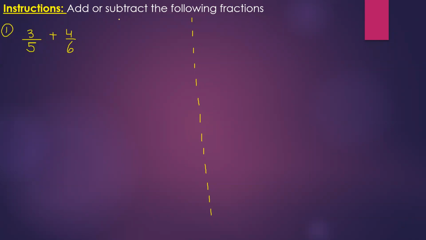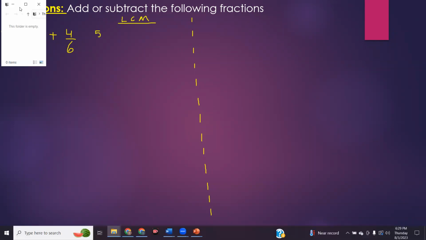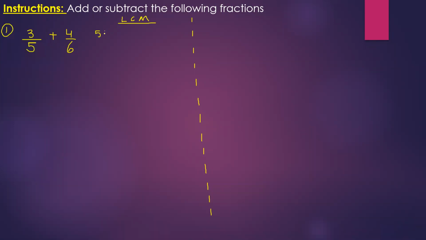Tyrone, what are the multiples of 5 and 6? Let's start with the multiples of 5. Go ahead, Tyrone. What are the multiples of 5? 5, 10, 15, 20, 25, 30.